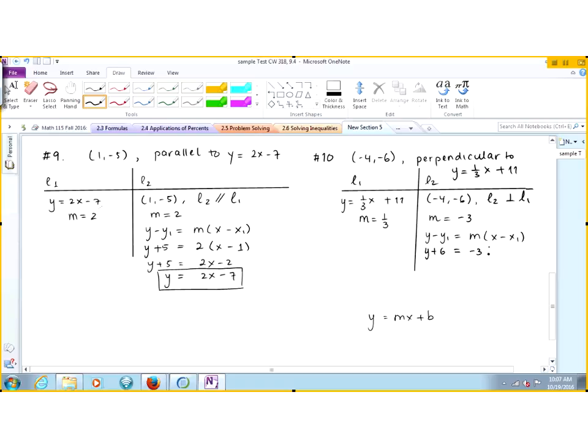Y plus 6 is equal to negative 3 times x plus 4. Yes. So y plus 6 is equal to negative 3x minus 12. Yeah. So y is equal to negative 3x, and then subtract 12 both sides, minus 18.